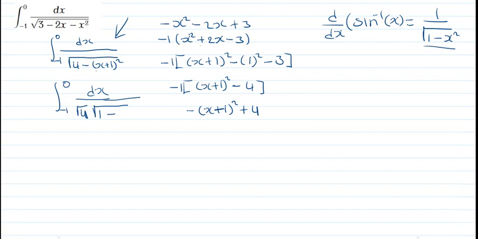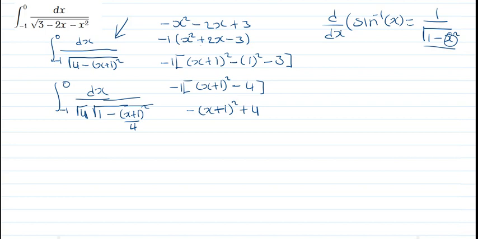Then here we have no 4, so it's going to be over 4, x plus 1 squared over 4. But it's not exactly the way we want it. What we want is to have everything squared.